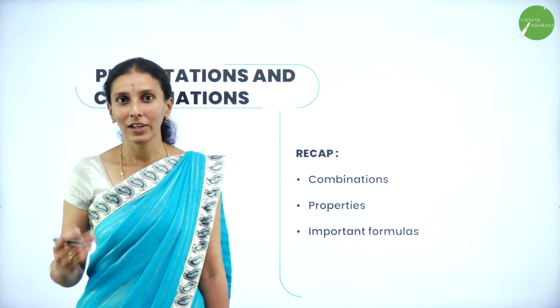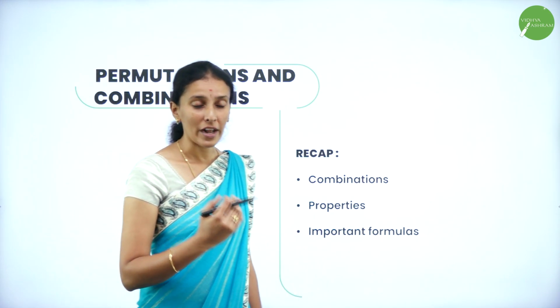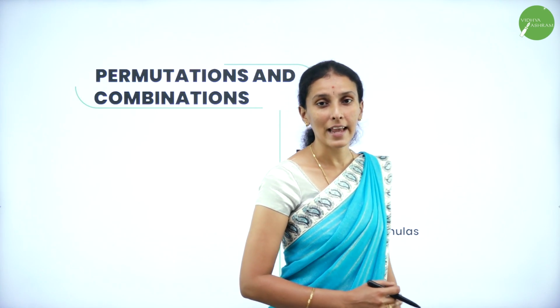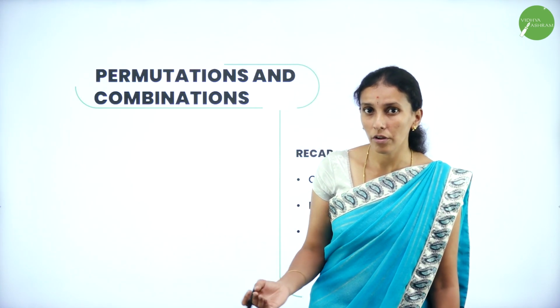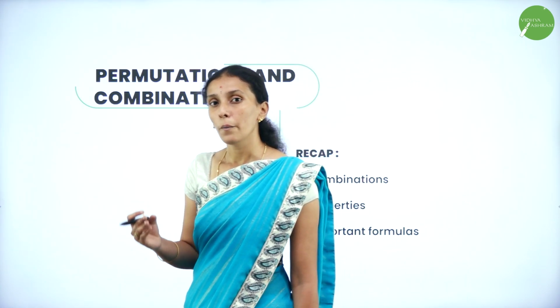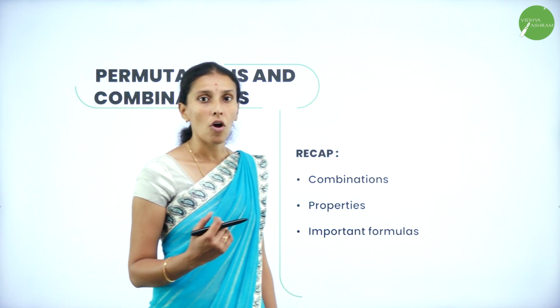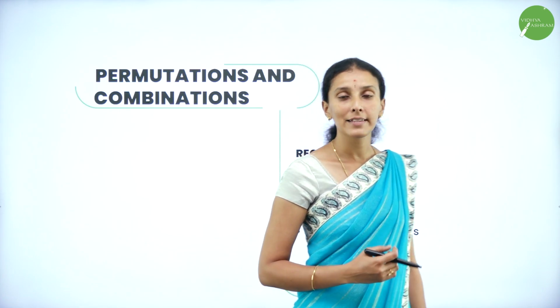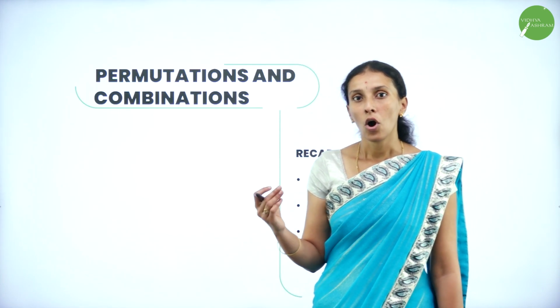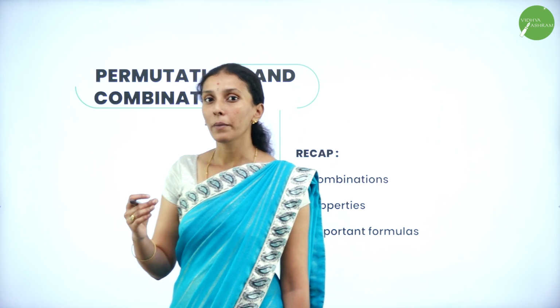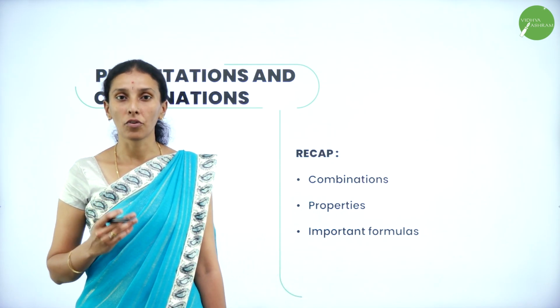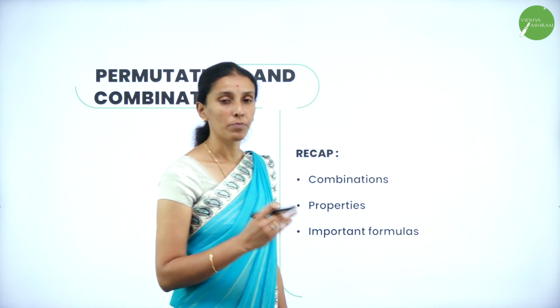So we have learned how many triangles or straight lines can be formed when a number of points are given. We have learned how many parallelograms, rectangles or quadrilaterals can be drawn when m parallel lines intersect n parallel lines. Also, we have learned how many diagonals can be drawn in certain types of polygon.